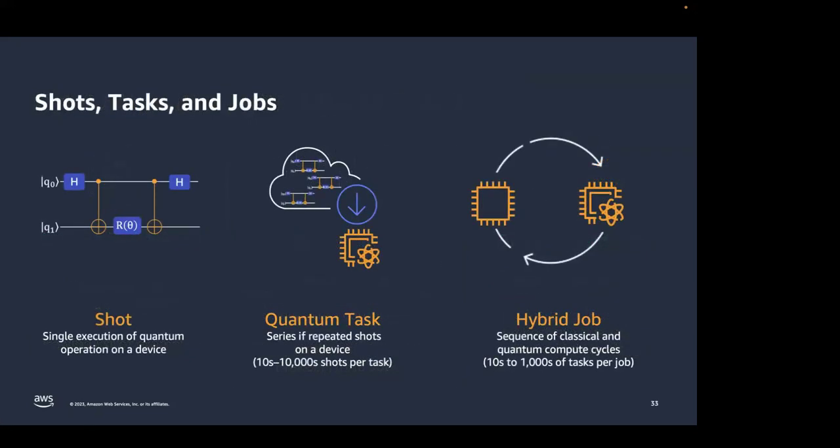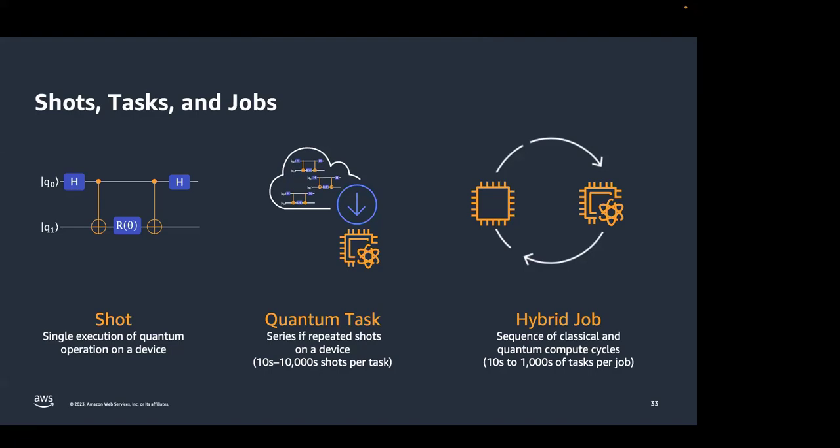So let's quickly revisit several levels of execution of a quantum circuit. So first we looked at shots. One shot is basically a single execution of a quantum operation on a device. Then there is a task. A quantum task can comprise multiple shots. So when we ran the quantum circuit on simulators and we defined shots equal to 1,000, that was one quantum task with 1,000 shots.